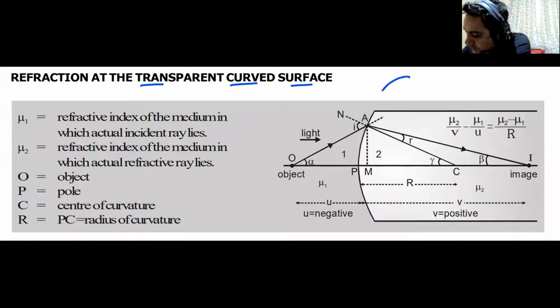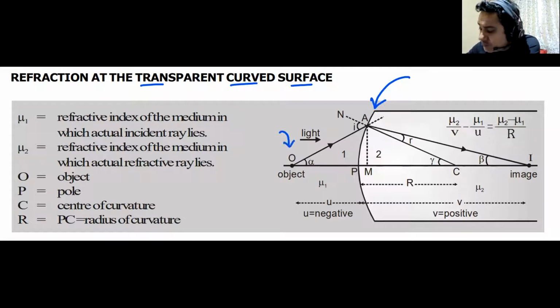Now this is a surface. What type of surface would you call it, concave or convex? Remember, 99.9% of the time, the object is placed on the left side, so rays are always coming from the left side. O is the object, and the image of this object is formed here.